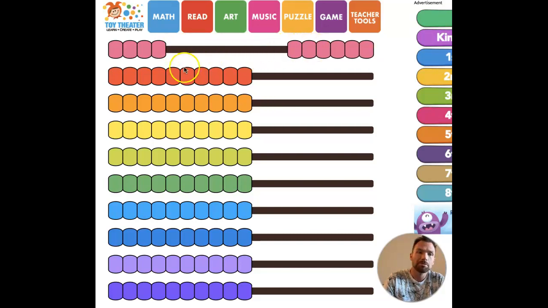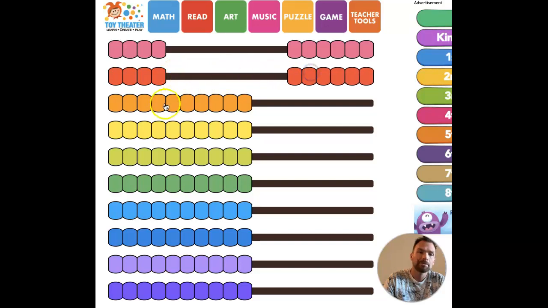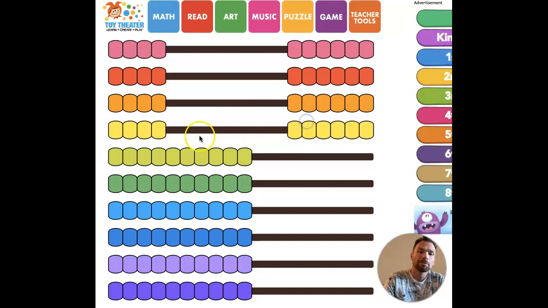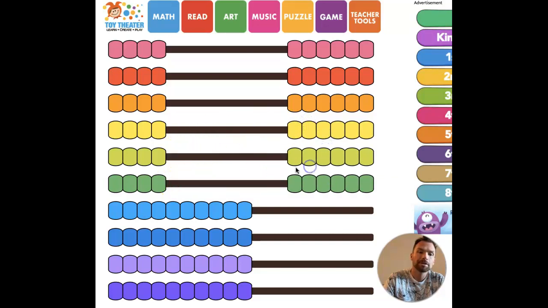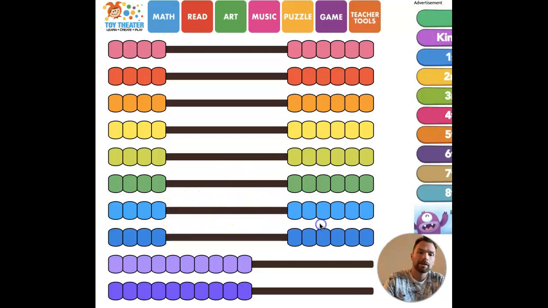So there's our first group, second group, third group, fourth group, fifth group, 6, 7, and 8. So again, we have 8 groups of 6 beads in each group.